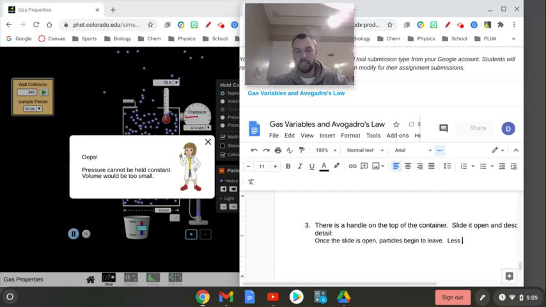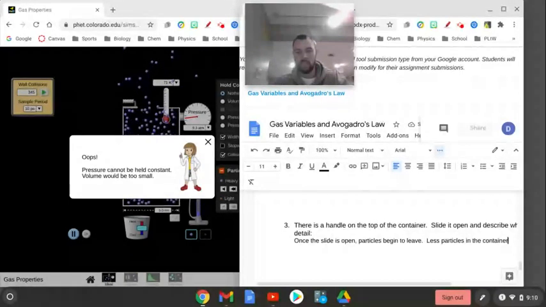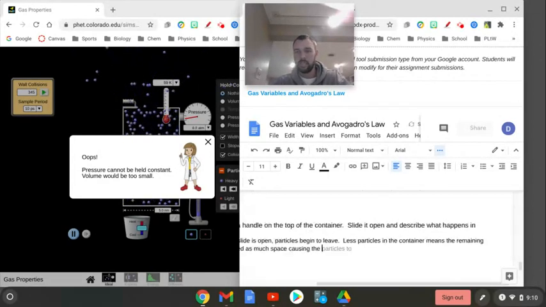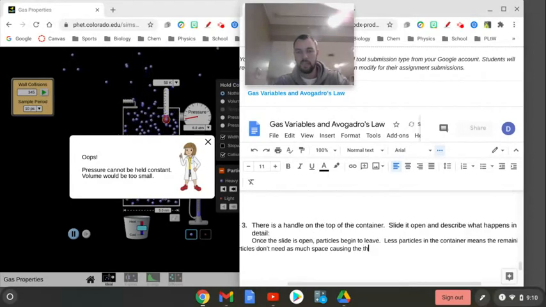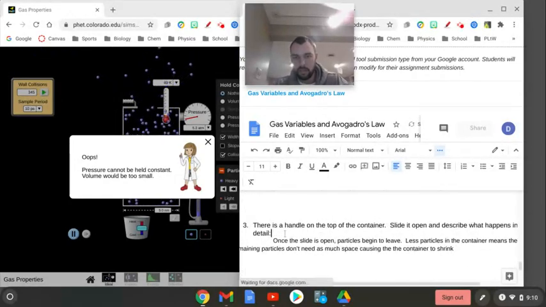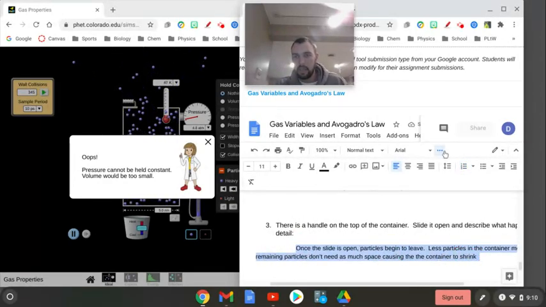Less particles in the container means the remaining particles don't need as much space, causing the container to shrink. Okay, highlight this. And I'll turn that red.